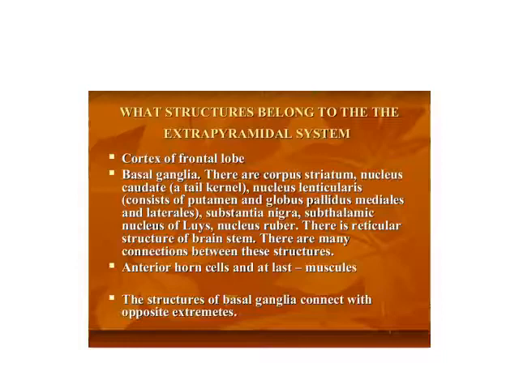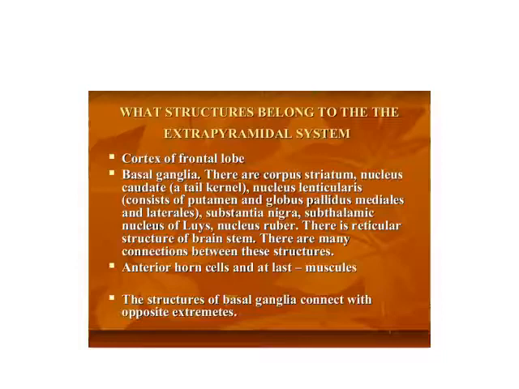What are the structures that belong to the extrapyramidal system? The first one is the frontal cortex, the cortex of the frontal lobe of the brain. Then we have the basal ganglia, which are the corpus striatum, caudate nucleus, lentiform nucleus, which consists of putamen and globus pallidus, medialis and lateralis, substantia nigra, subthalamic nucleus, and red nucleus.